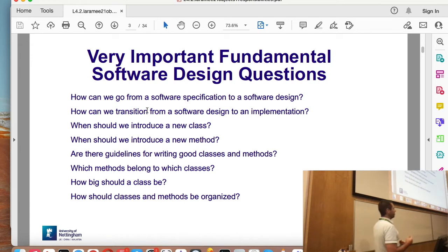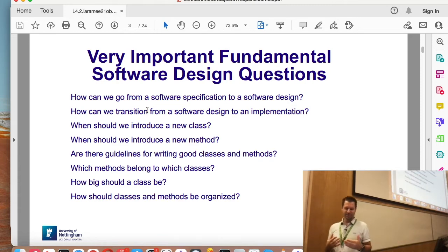So we're going to address some very fundamental questions, and this is very uncommon. What we're talking about is not covered in a lot of software engineering classes at different universities. Usually you just kind of get spammed with the 5 stages, and you never go into any depth about the design process.